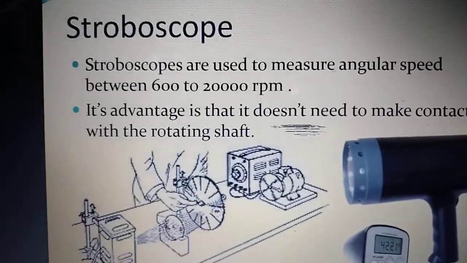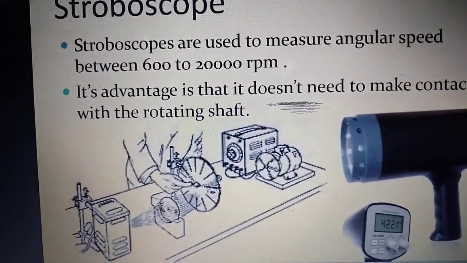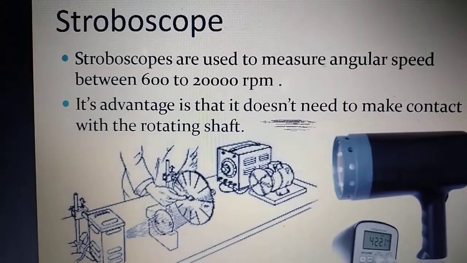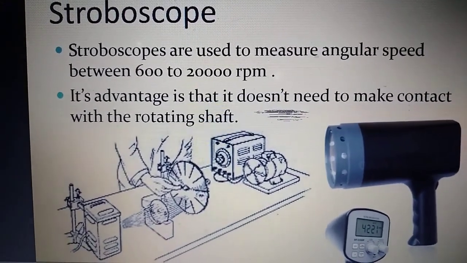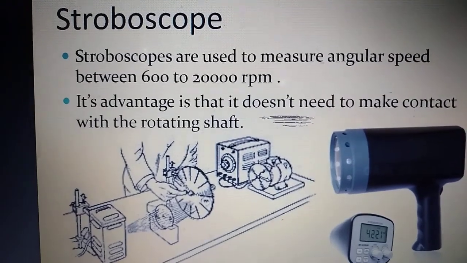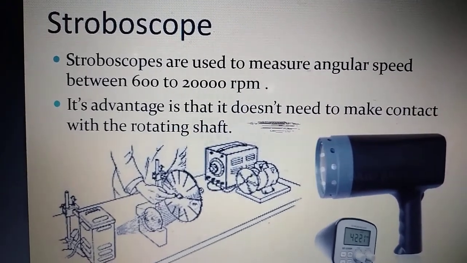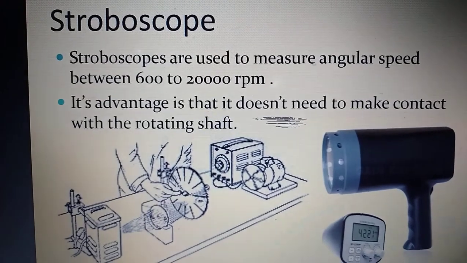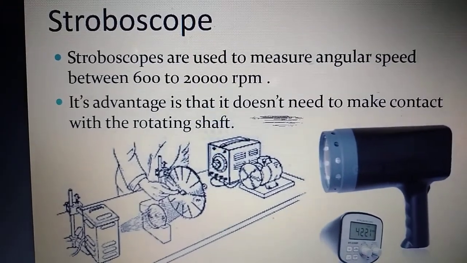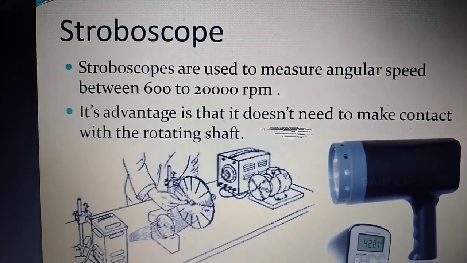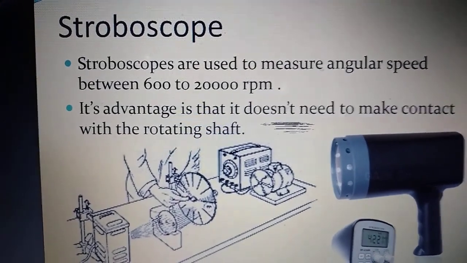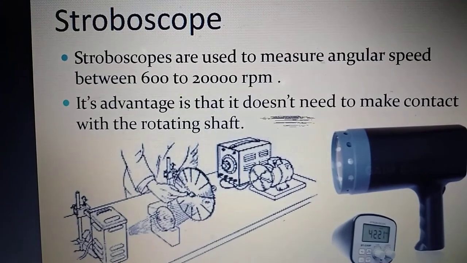Hi friends, so today we are going to discuss the stroboscope. A stroboscope is a device for finding the speed of rotating objects in terms of RPM. Stroboscopes are used to measure angular speeds between 600 to 20,000 revolutions per minute.